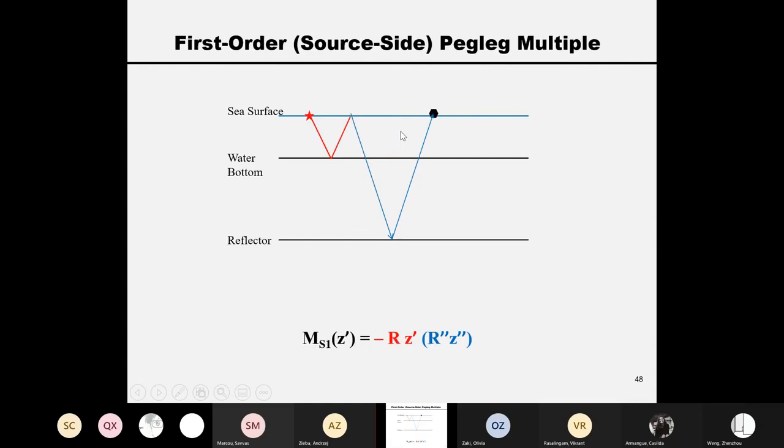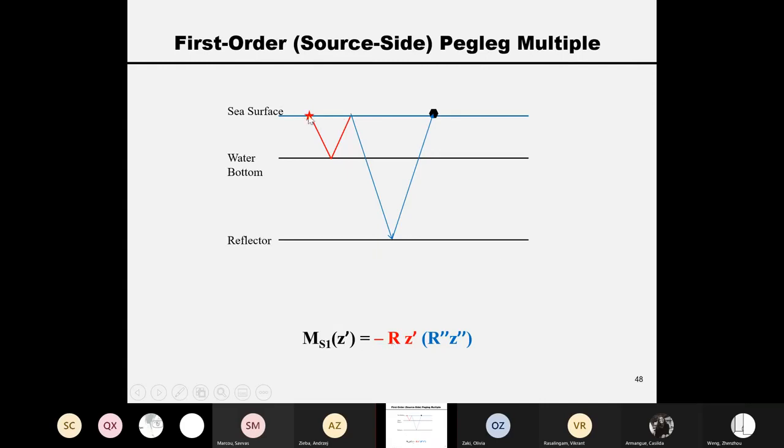Talking about the multiples, if there is a water layer multiple in the front, we call it a Pegleg multiple. Basically, Pegleg means one shorter, one longer, right? So that means we have a primary from this reflector, but also multiples from the water layer.